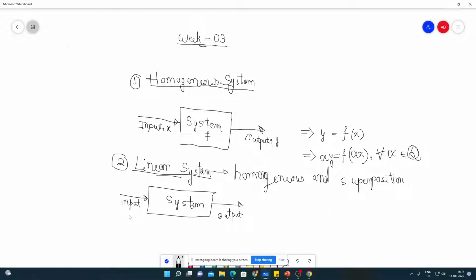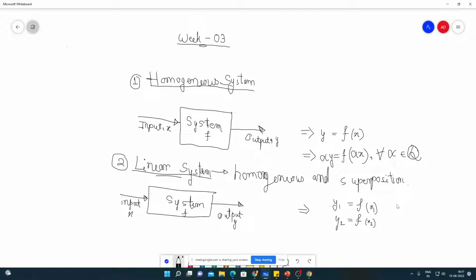The inputs are denoted by x and the output denoted by y. The function is represented by f. So let's say y1 equals f of x1: for x1 input, the output is y1. y2 is the output when the input is x2. So for a homogeneous system, what could we say?